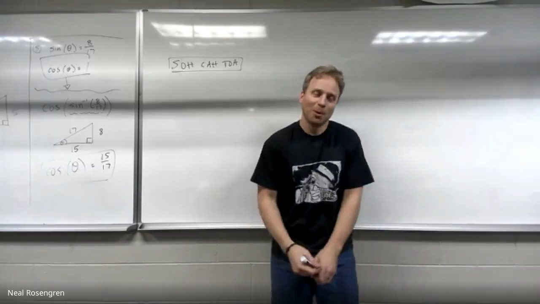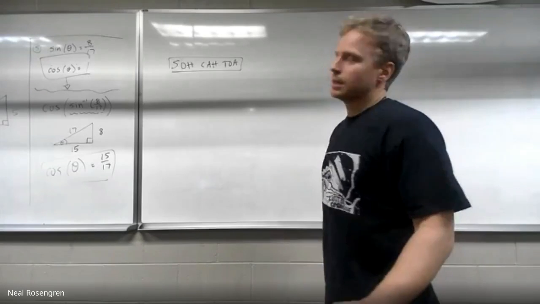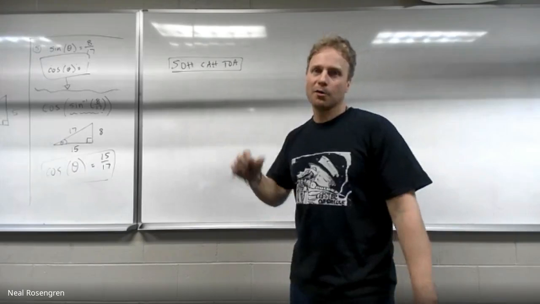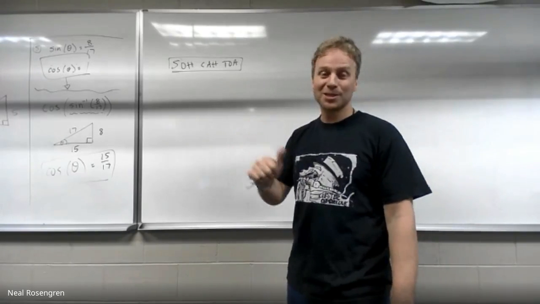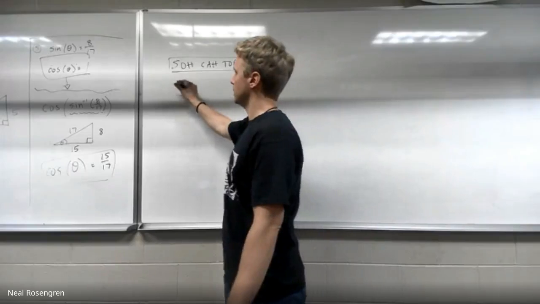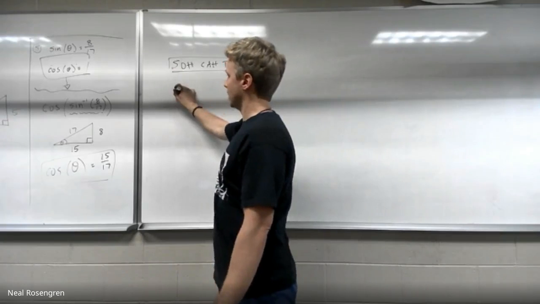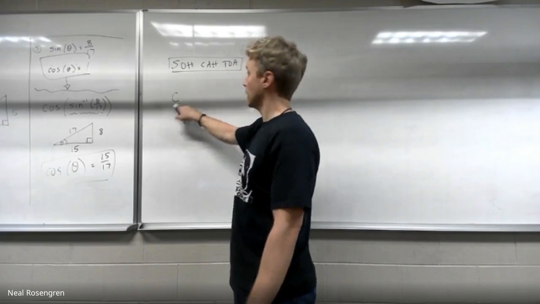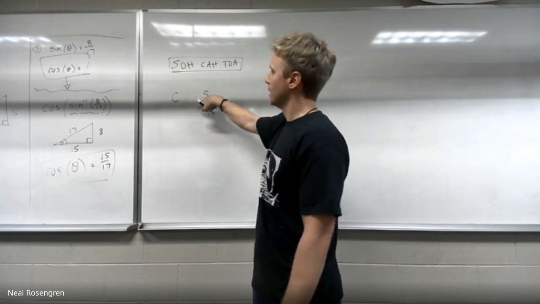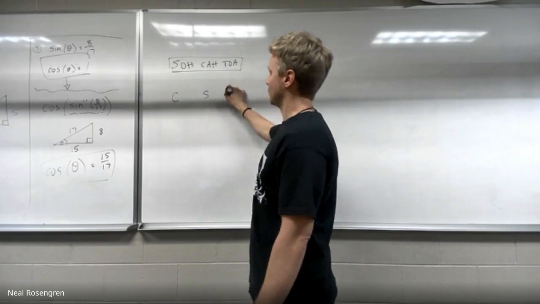And this is one of my favorite things in trig to say out loud, the SOHCAHTOA version of cosecant, secant, and cotangent. I'm just going to put them in the same order. So sine, its reciprocal is cosecant. Cosine, its reciprocal, man, my words today, is secant, and the reciprocal of tangent is cotangent.